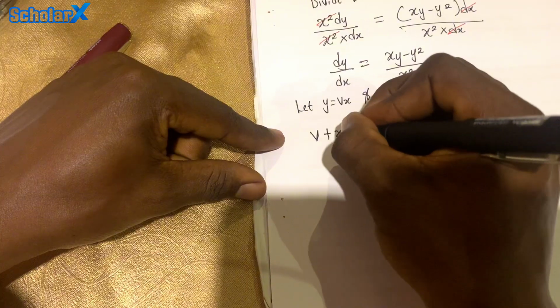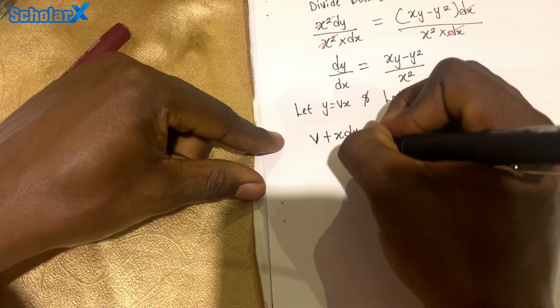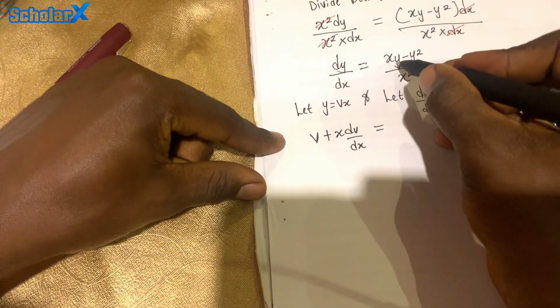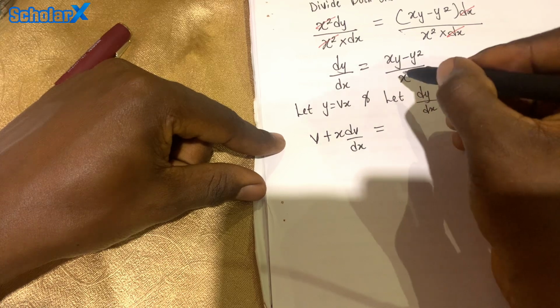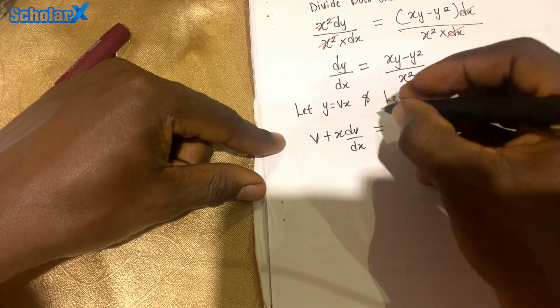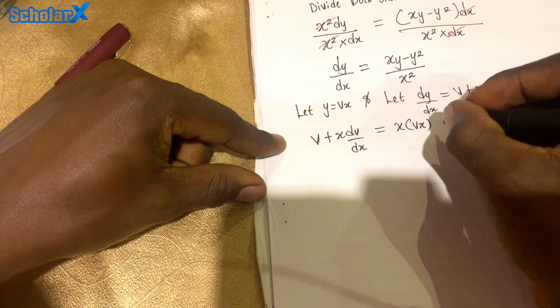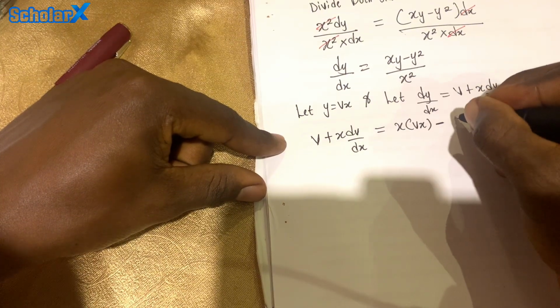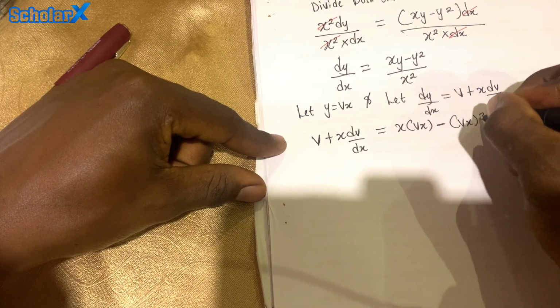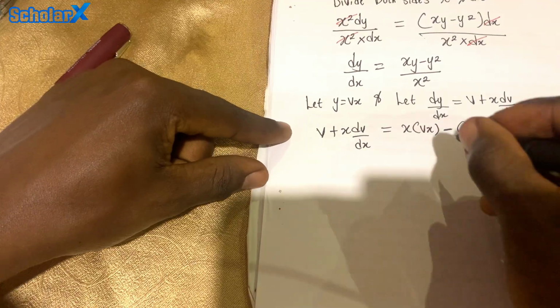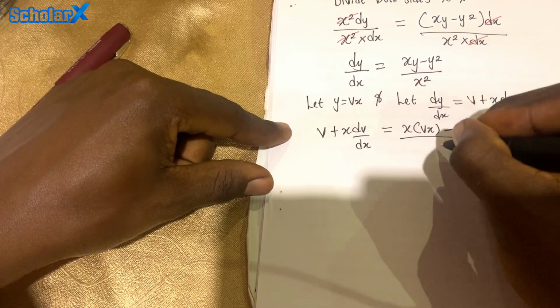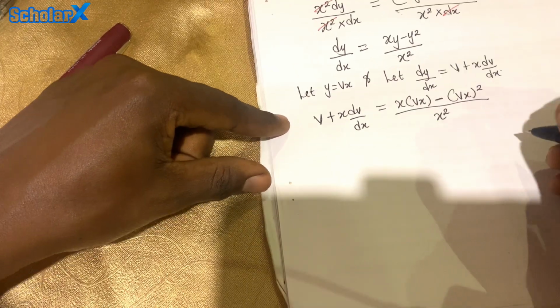It becomes v + x dv/dx is equal to, now anywhere we see y here, we're going to substitute it for vx. So it becomes x(vx) for this one, minus (vx)², all over x².